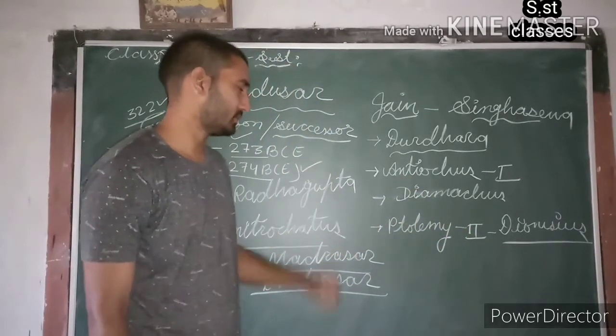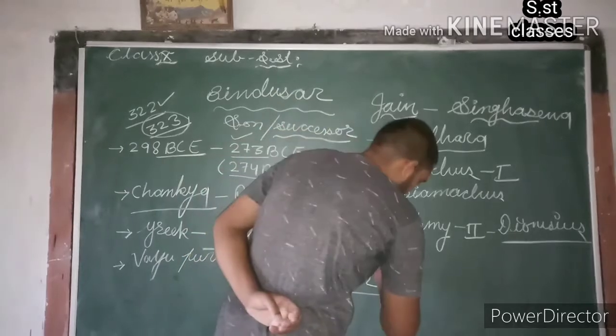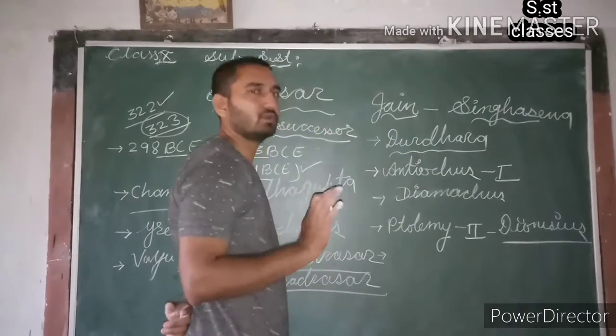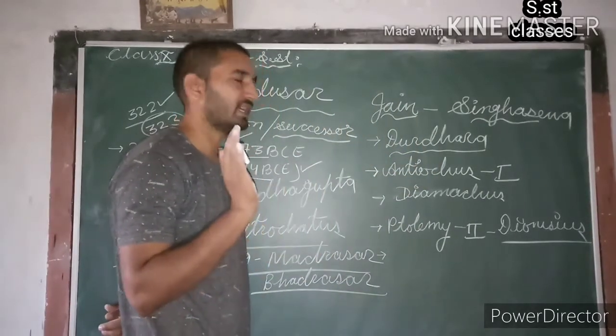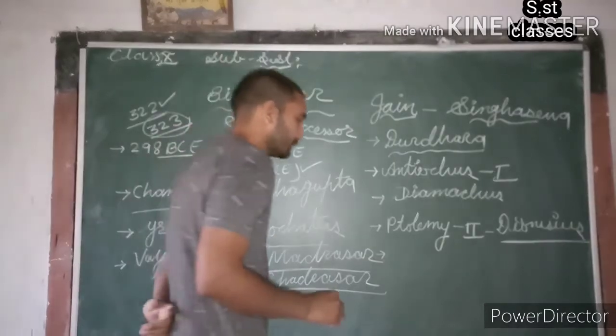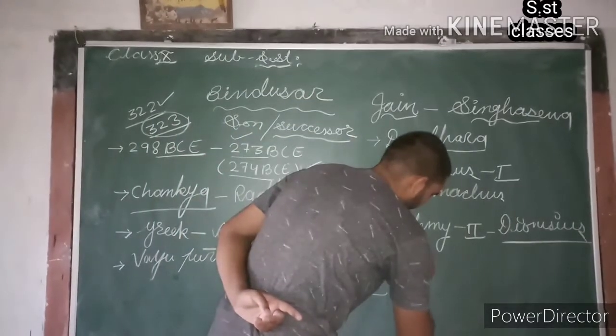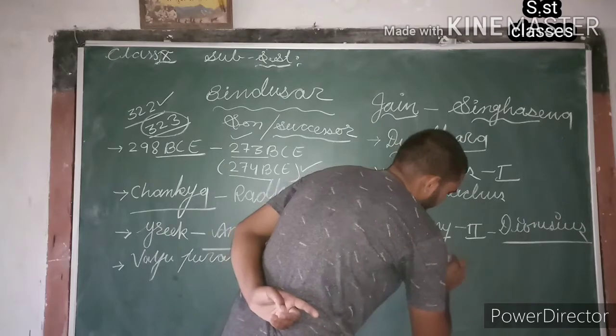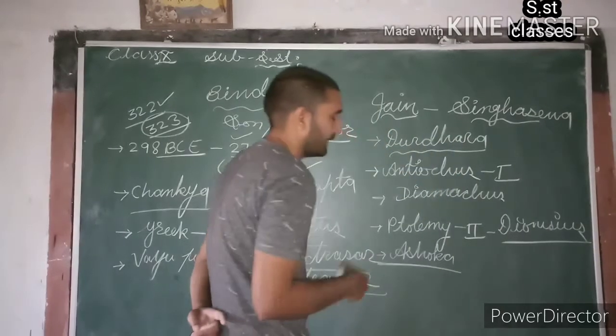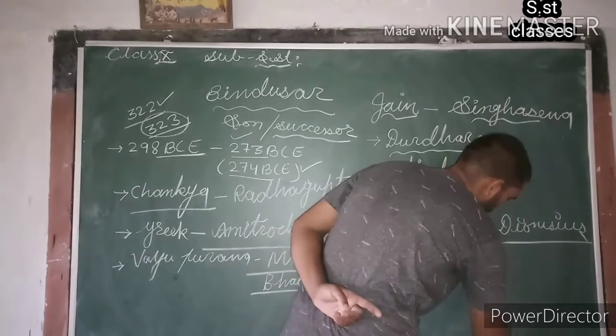At the time of Bindusar, two revolts took place at Taxila. To crush the first revolt, Bindusar sent Ashoka, and the second time he sent Susi.